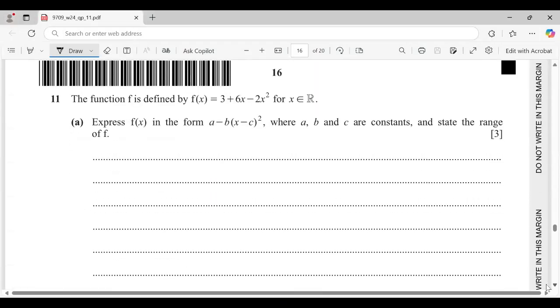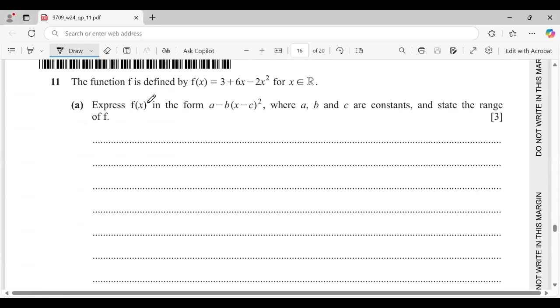Next question, number 11. The function f is defined by f(x) equals 3 plus 6x minus 2x squared for all x elements of real numbers. Express f(x) in the form a minus b(x minus c) squared, where a, b, and c are constants, and state the range of f. f(x) equals 3 plus 6x minus 2x squared.